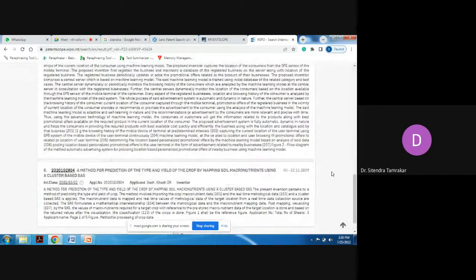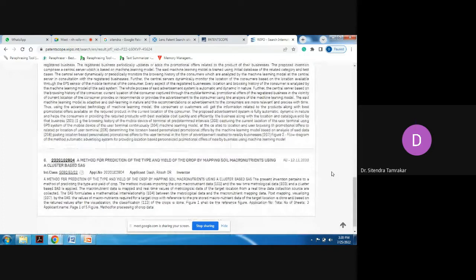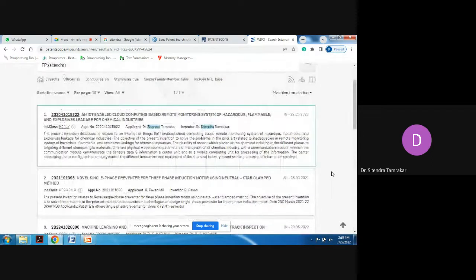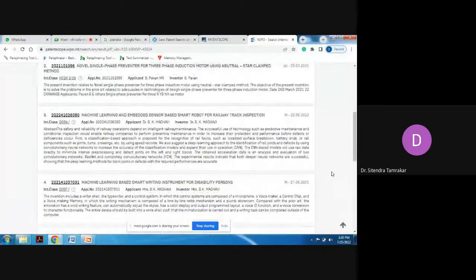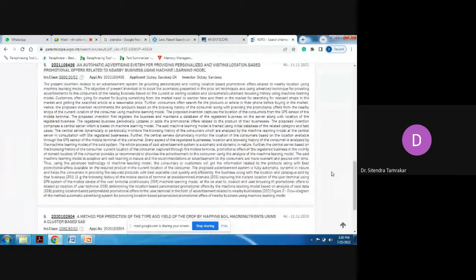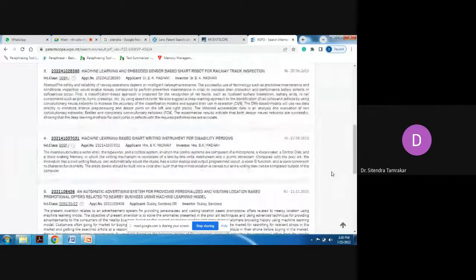One more has not been sent to WIPO; it is still with IP India. I have filed patents in India, in Australia, one in Germany, and one more I am going to file with Egypt. So they are showing Indian and Australian patents pretty well.